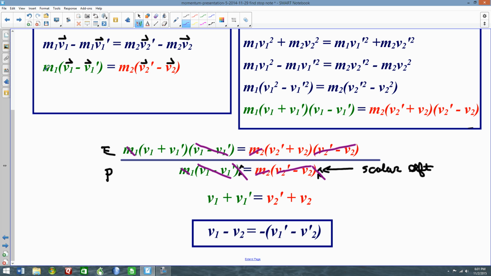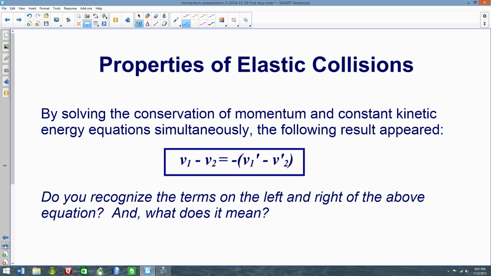That's because we took this energy equation and divided it by the momentum equation. By solving the conservation of momentum and constant kinetic energy equations simultaneously, this is the result we get. Do you recognize the terms on the left and right of the above equation? What does it mean?